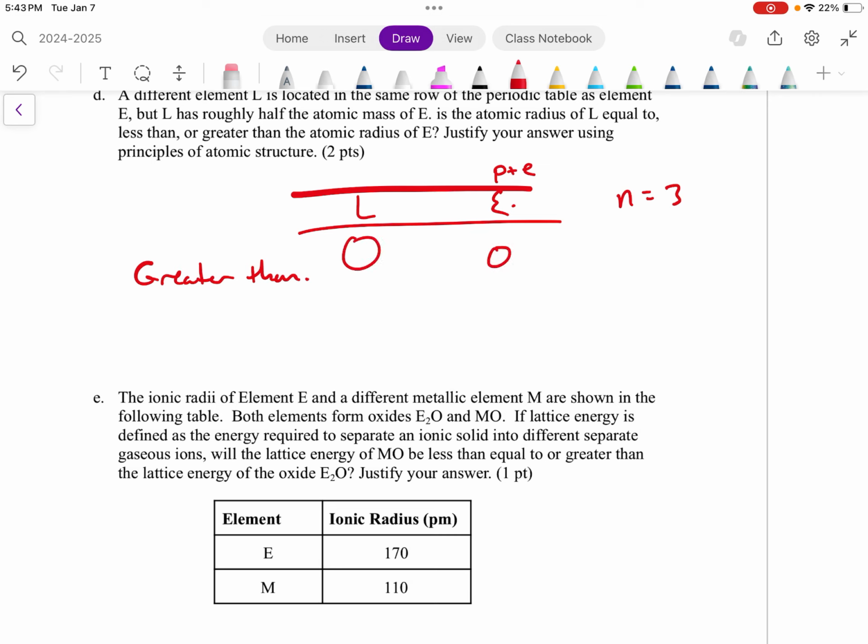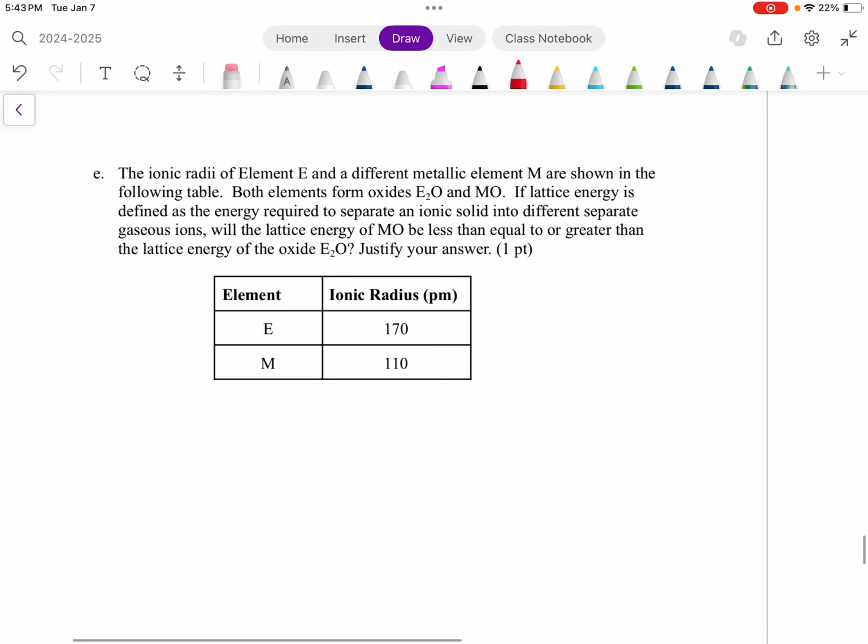L is going to be bigger than E because its nucleus is less charged. This one has a bigger positive nucleus, so it's going to draw in the electrons more. So that's really what we were looking for: L has fewer protons in the nucleus to attract those outermost electrons, resulting in a larger radius. So that's really what we were looking for on that one.